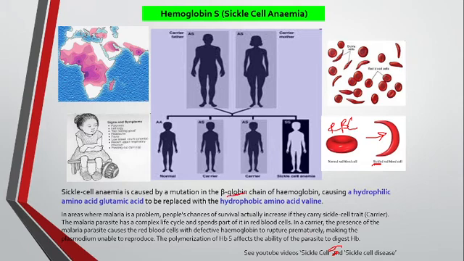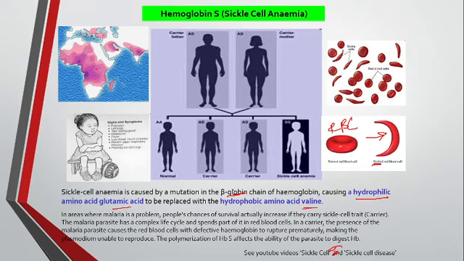The sickle cell anemia is caused by a mutation in the beta globin chain. There are two chains present in the adult hemoglobin, alpha and beta. There is a mutation in the beta chain of the hemoglobin, which causes the hydrophilic amino acid glutamate to change to the hydrophobic amino acid valine.